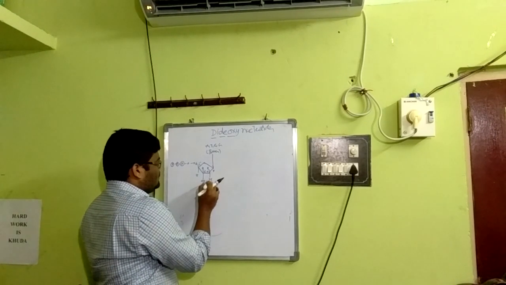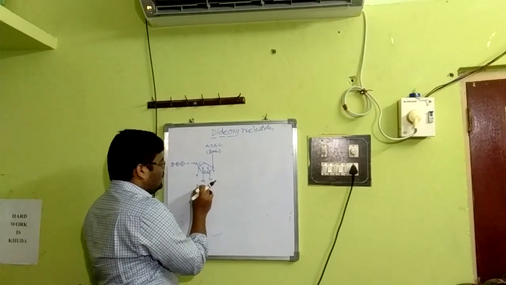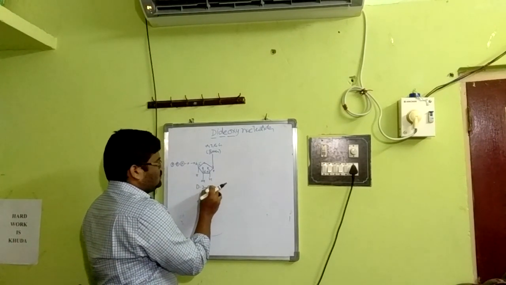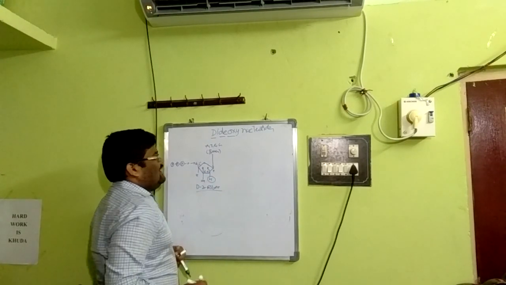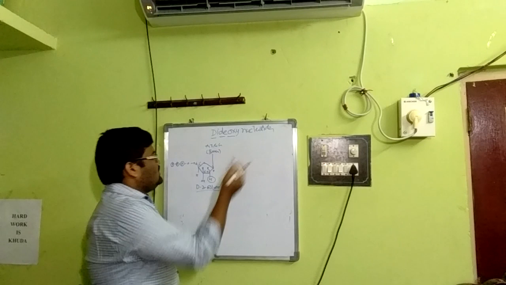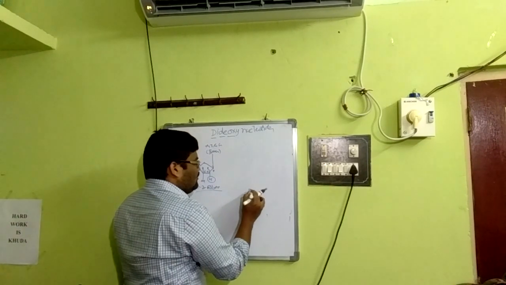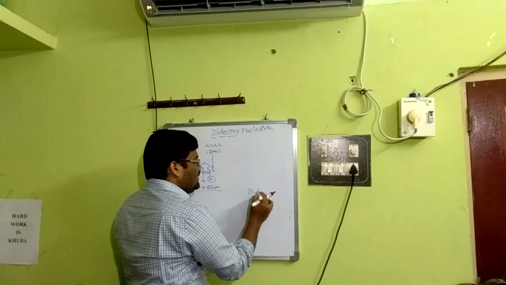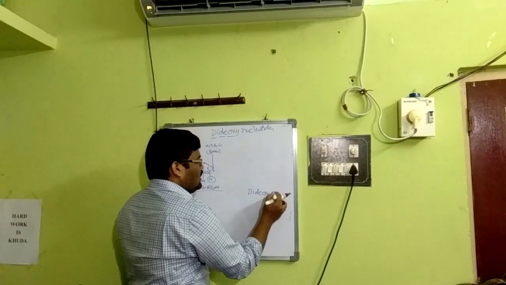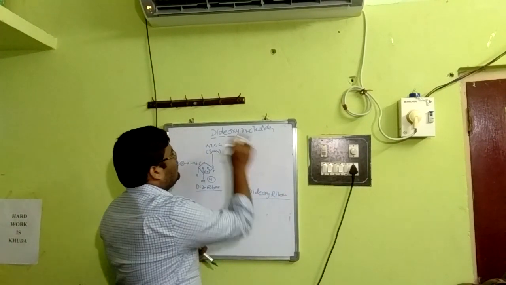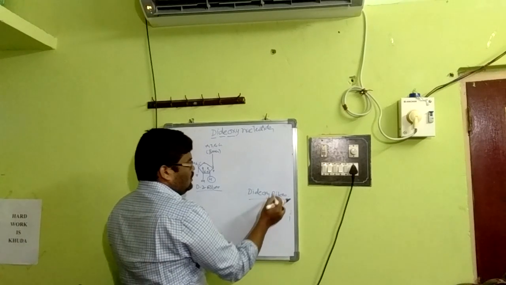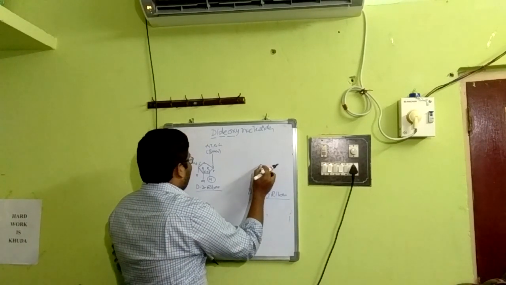That means this is 2-deoxy-D-ribose. At the second position, no hydroxyl group. Here, dideoxyribose. That means dideoxynucleotide. It leads to how the chain ends.